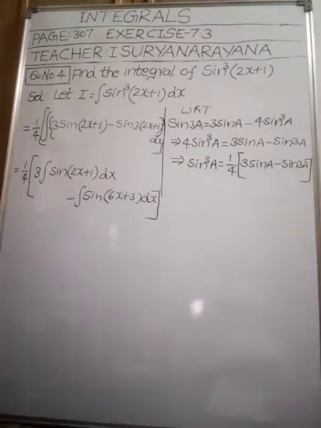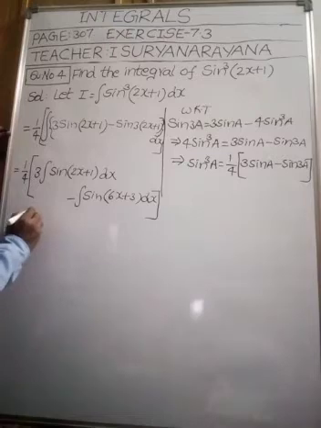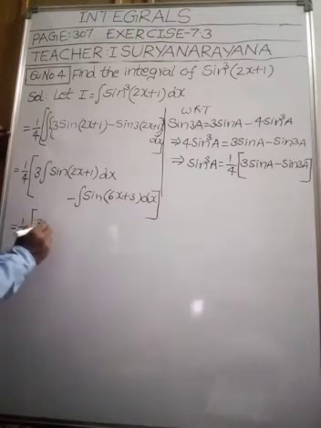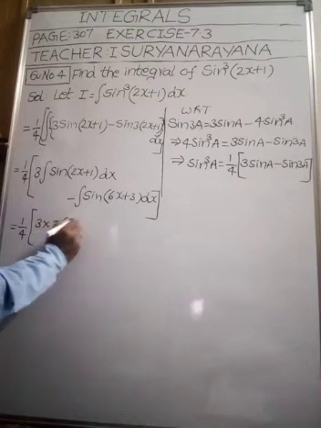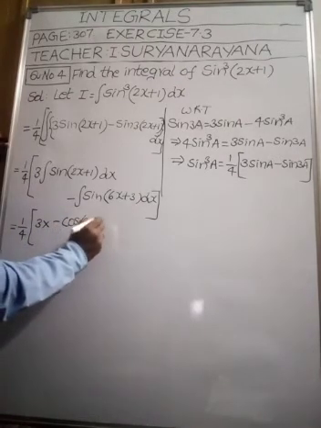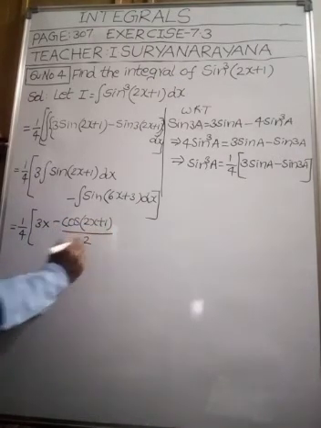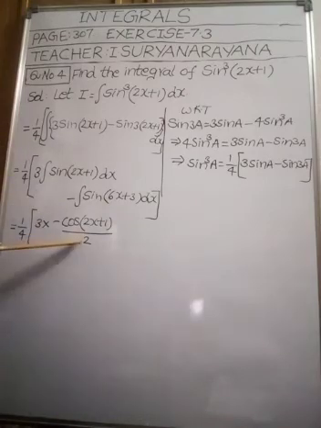The integral of sin of ax plus b is minus cos of ax plus b whole divided by a. Okay, my children? So 1 by 4 into minus cos of 2x plus 1 whole divided by 2. Understood this first term, my children?